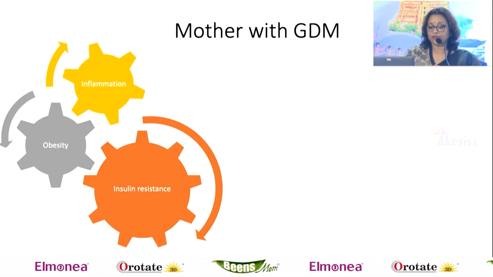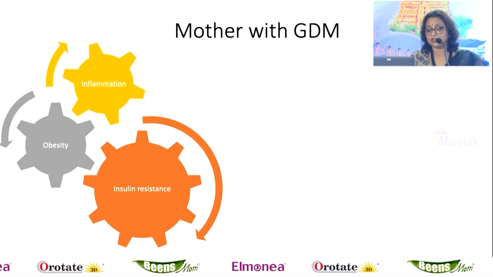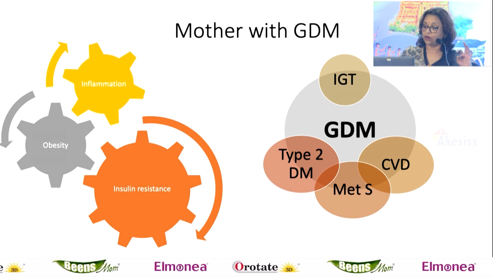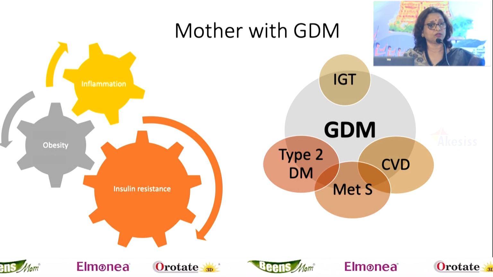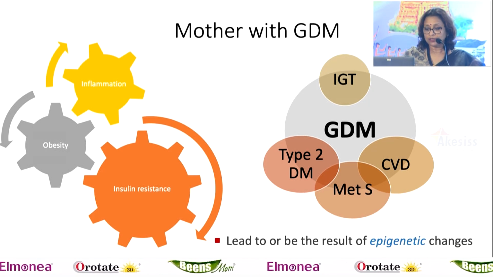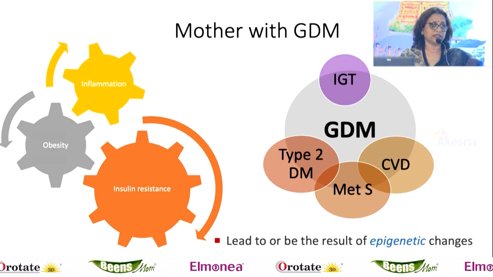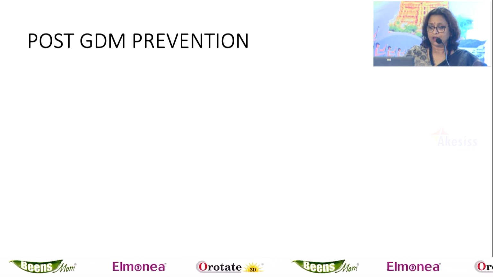Now, long-term follow-up is extremely important, because the drivers in mothers with gestational diabetes are inflammation, obesity, and insulin resistance, and we know that this then sets the stage for them to develop metabolic syndrome, type 2 diabetes, cardiovascular disease in the future, and results in epigenetic changes and long-term alteration in fetal fat distribution, resulting in the neonate as well.